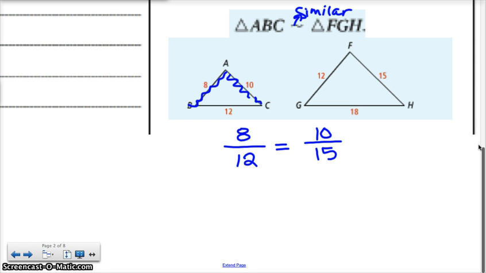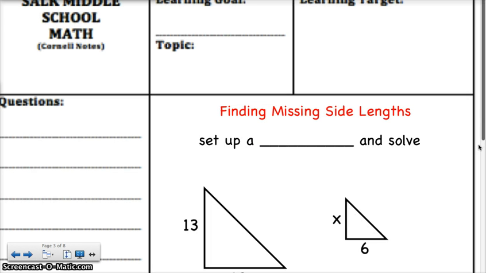So testing that theory out, you can always prove that they're similar triangles by setting their cross products equal to each other. 15 times 8 is 120 equals 120, which shows that they're proportional. Similar figures have proportional side lengths. Okay? Done. That part done. Now, finding missing side lengths.